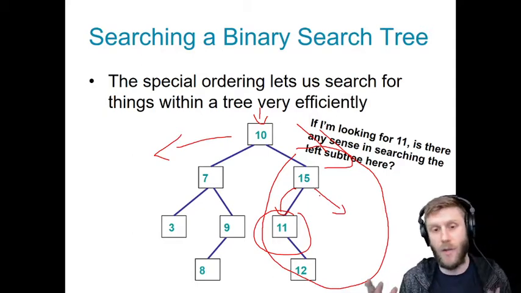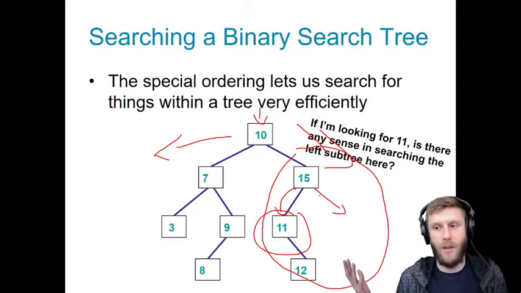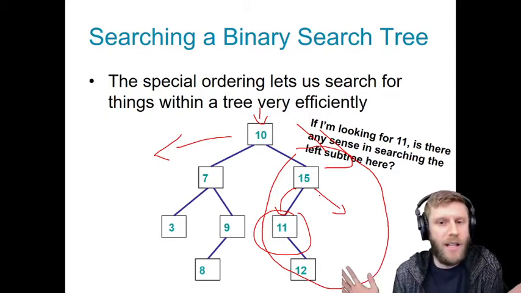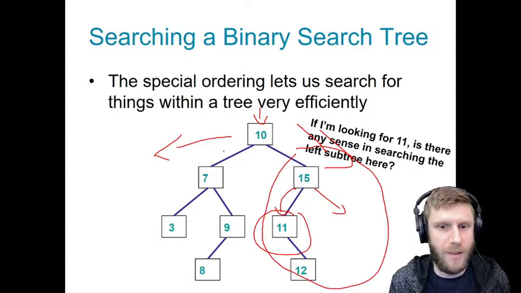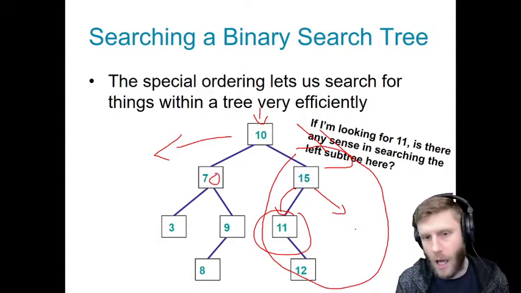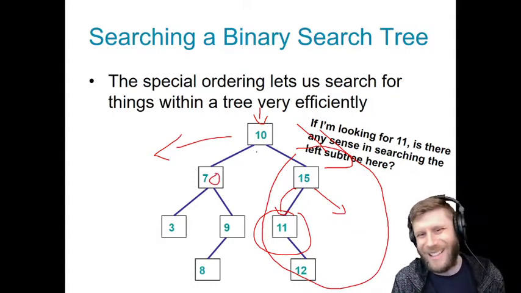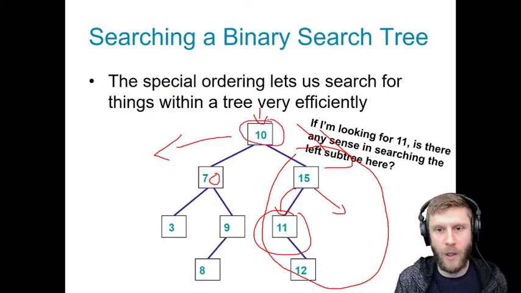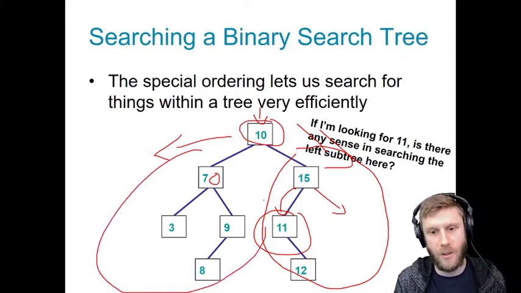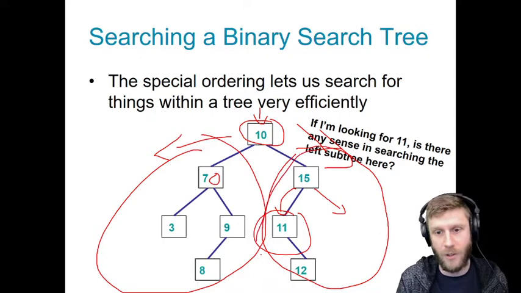We had to do this because there was no guarantee of the ordering. This number could have been 70 in a regular tree, for all I know. So there's no guarantee that everything to the left is smaller and everything to the right is greater. If it's just a regular old binary tree, it's: are you what I'm looking for? Yes, no, otherwise search this subtree. If you find it, great, otherwise search this subtree.